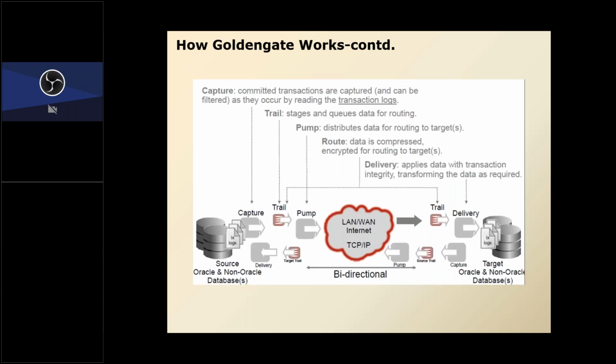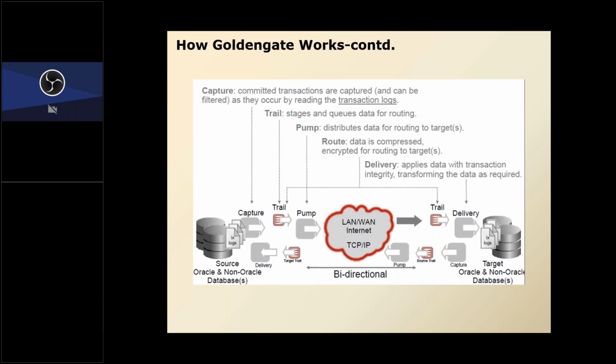Now you have bi-directional configuration as well. Goldengate supports bi-directional configuration. So what do we mean by bi-directional? Bi-directional Goldengate means both sites act as source and both sites act as target.